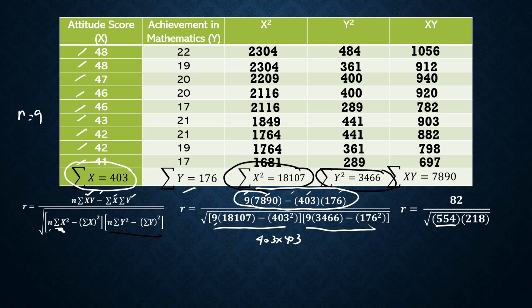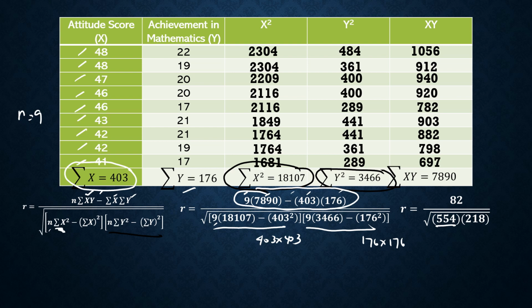Again, if you don't have a calculator, you can press 176 times 176. So simplifying this whole, we have 218.